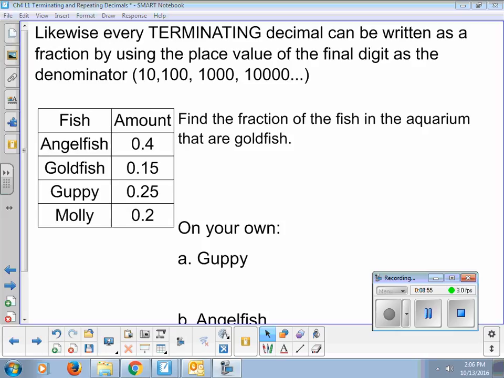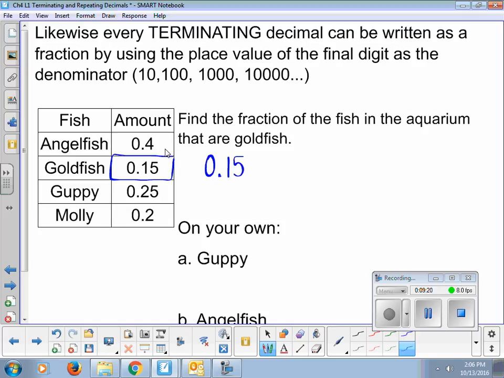Okay, so like we said at the beginning, every terminating decimal can be written as a fraction by using the place value of the final digit as the denominator. So the first question that we're going to do together is find the fraction of fish in the aquarium that are goldfish. So if we look at goldfish, what's our decimal? 0.15.